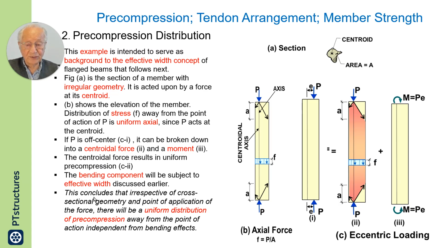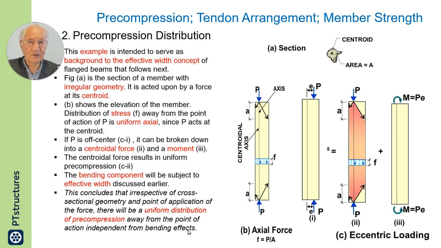This concludes that irrespective of the shape of the cross-section, and irrespective of the point of application of the force, there will be a uniform distribution of precompression away from the point of action, independent from the bending effects.